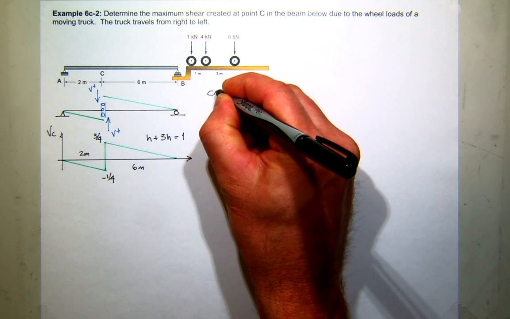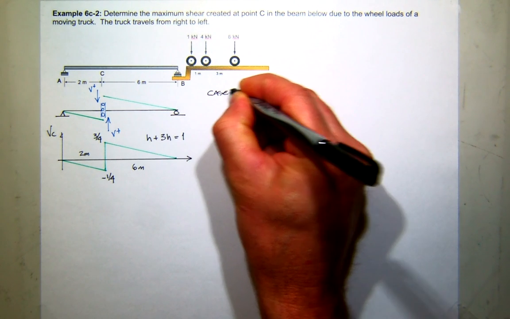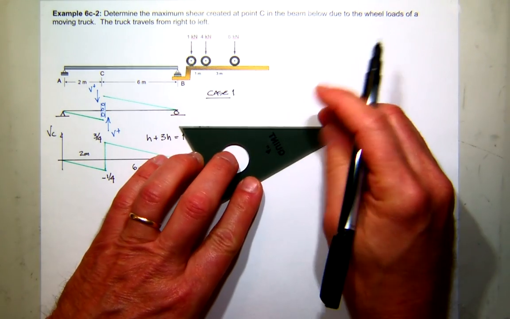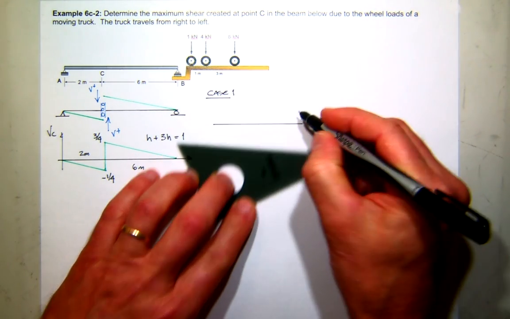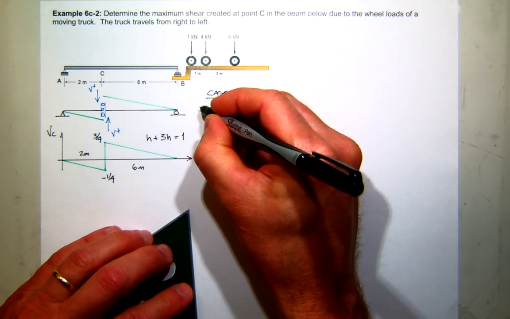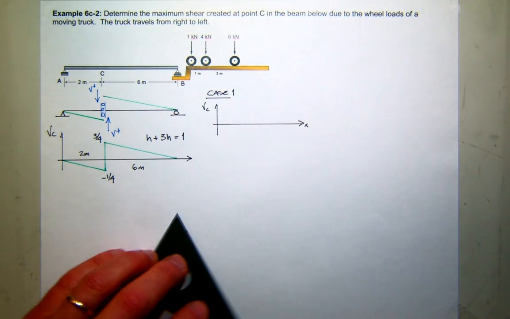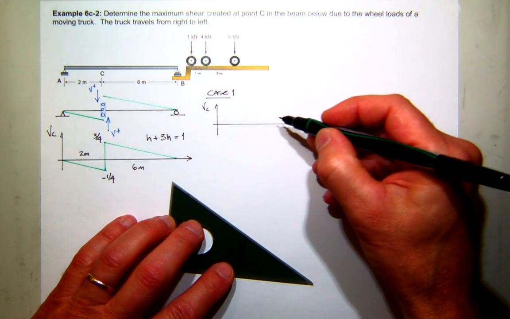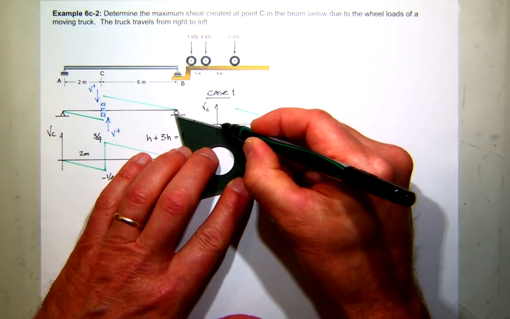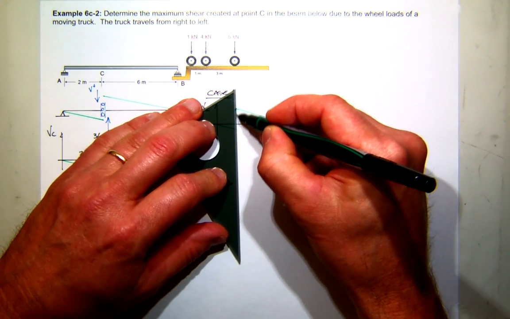So let's start with what I'll call case 1. So we'll have our influence line for the shear at C. Looks something like that.